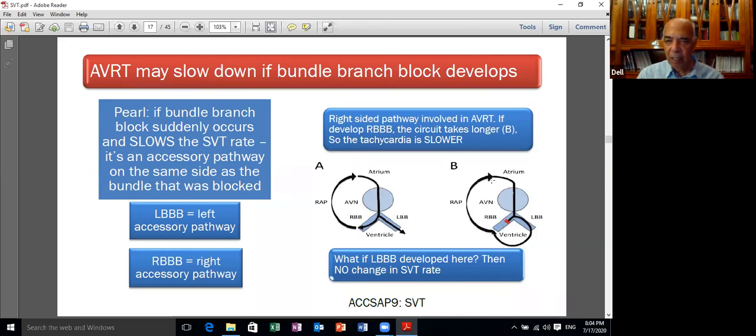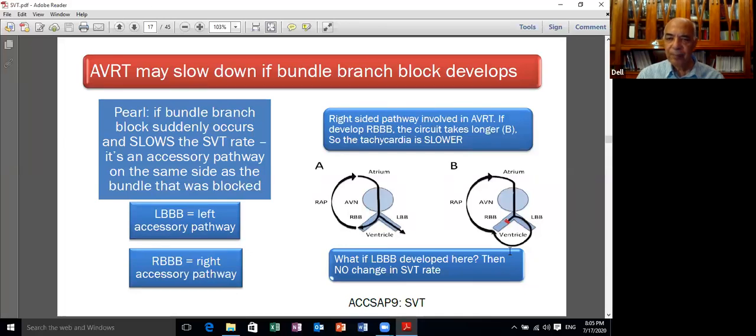The impulse will come from the atrium, then activate the left bundle, has to cross through the left ventricle, across the interventricular septum to reach the right ventricle, and then through the accessory pathway goes to the atrium. So it takes a longer cycle. So the cycle length will be longer and the rate will be slower.